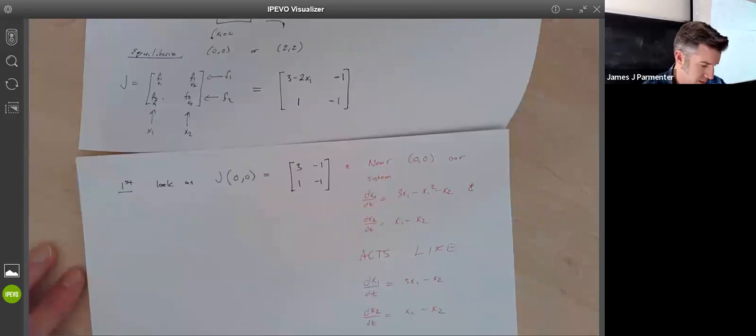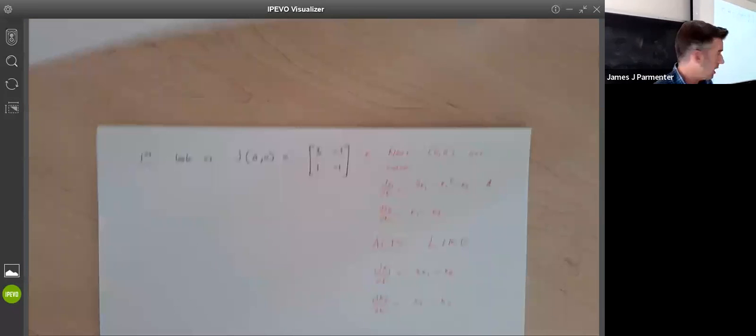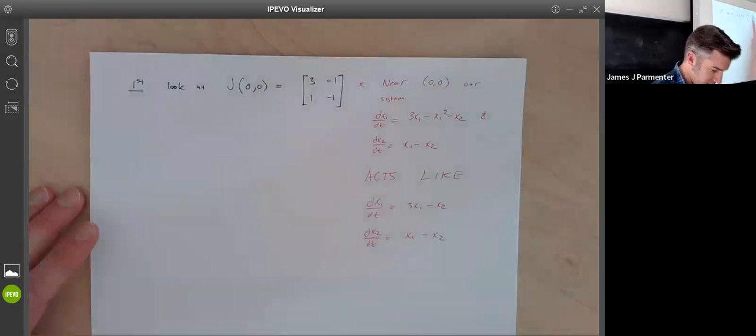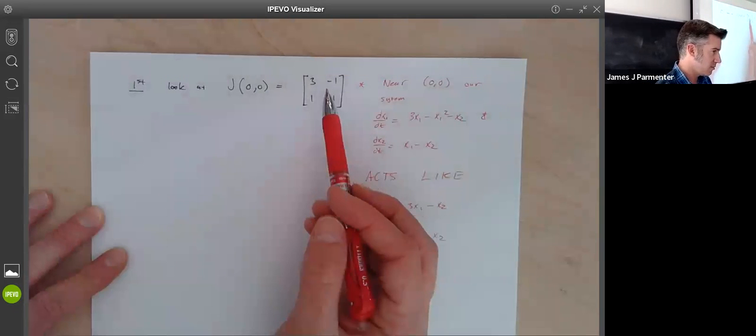That's what we're saying: near this point 0, 0, our system acts like this system of differential equations.